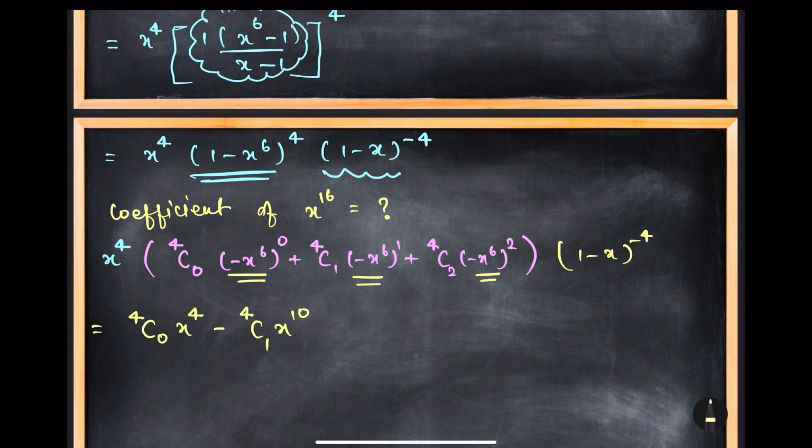Here the power is even, so minus will get neutralized and become positive, and we will have 4c2 x power 12 and 4 16. Done. Then 1 minus x power minus 4.